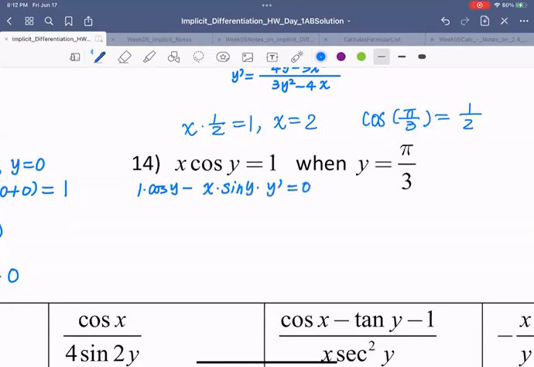Yes. And then it's cosine y minus sine y times y derivative times x equals. You just move this to one side, okay? Then y prime equals cosine y over x sine y.